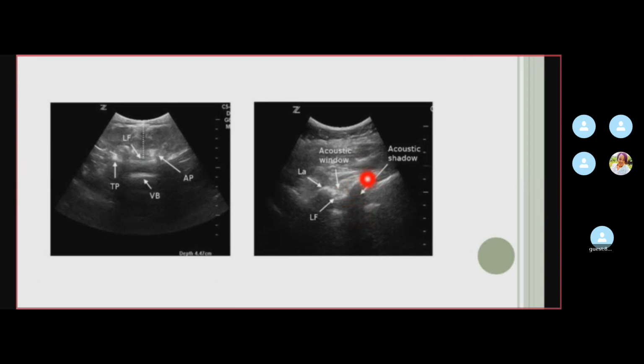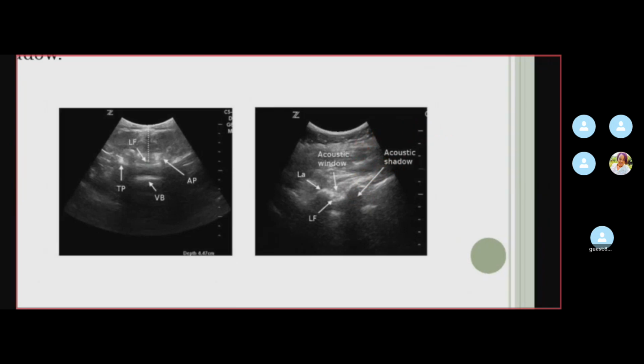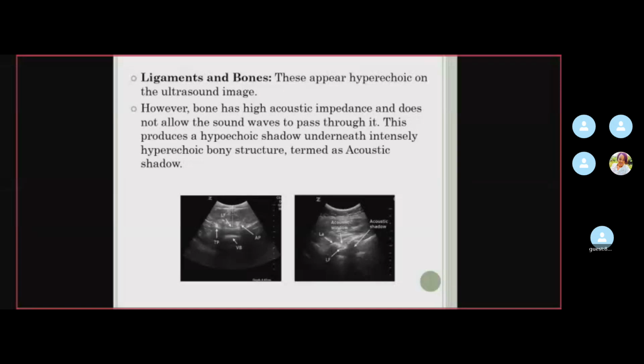This is the bone. This is an indication that whenever we get an acoustic shadow, there is a bone. If you have a doubt, the calculus, that is the stones, will also show a hyperechoic structure.